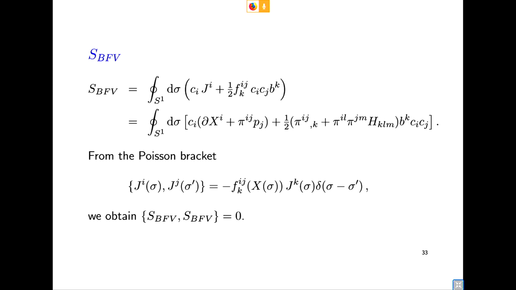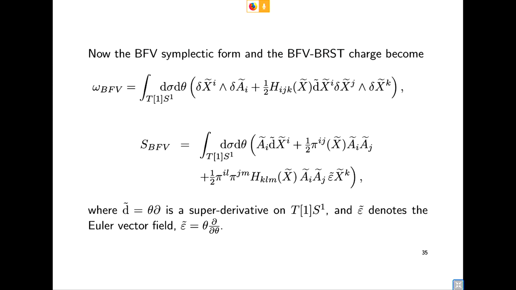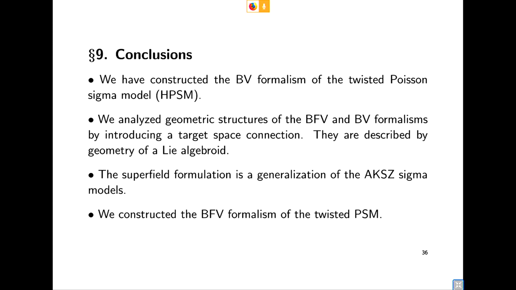Okay, there is no time to explain, so we summarize our result. We have constructed the BV formalism of the twisted Poisson sigma model. We analyzed the geometric structure of the BFV and BV formalisms by introducing a target space connection.